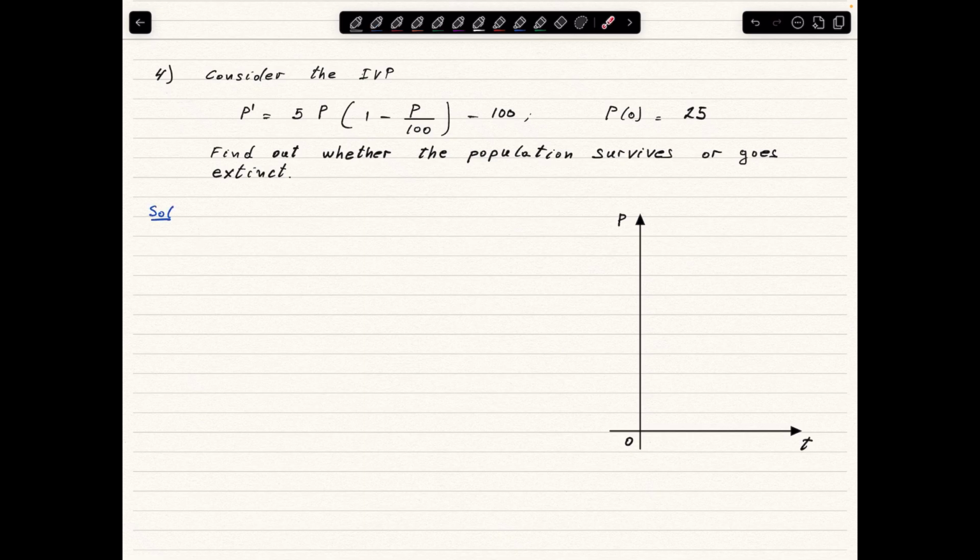How do we find a qualitative graph of solutions to this equation for many initial conditions? What happens with the solution here? Well, there are important points to graph.